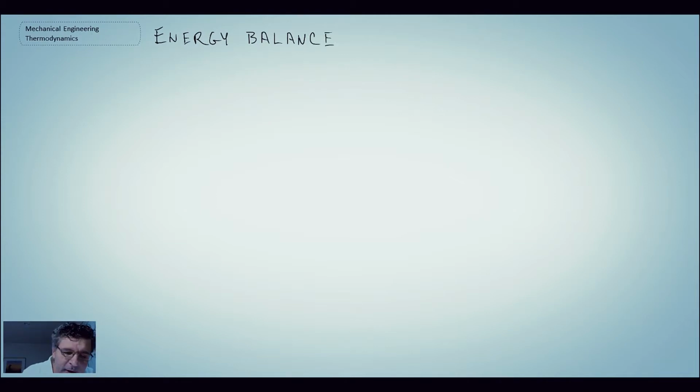I'm going to write it in the form of energy flowing in minus energy flowing out equals the change of energy in the system. Now, we're given no information about transients, and we're told the system is operating at steady state. Consequently, the system itself is not changing in the amount of energy with time, so this term drops out.